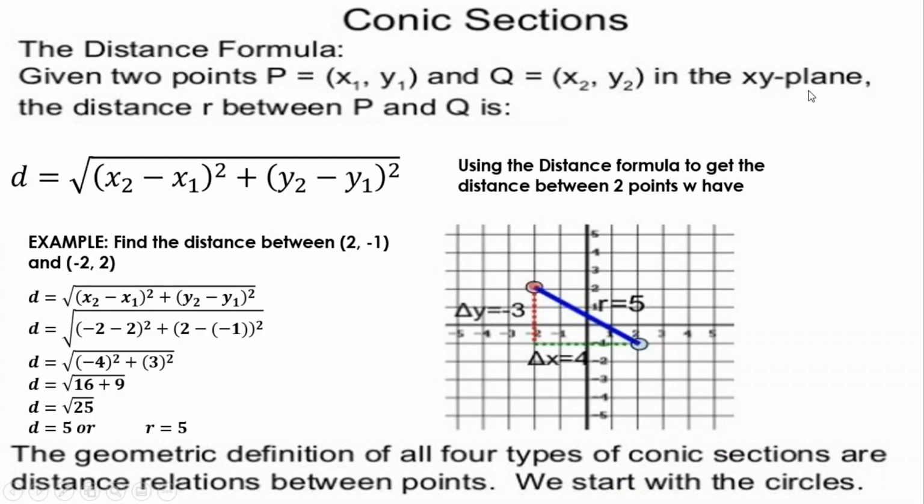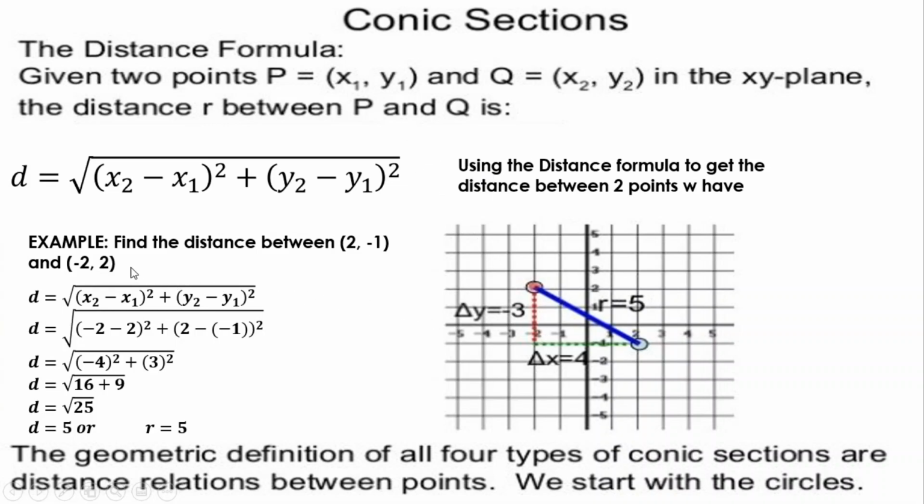In the xy plane, the distance r, or the radius between P and Q is, okay, we will going to use the distance formula, which is d is equal to the square root of x sub 2 minus x sub 1 squared plus y sub 2 minus y sub 1 squared. Okay, so we will going to use this formula to get the distance between 2 points.